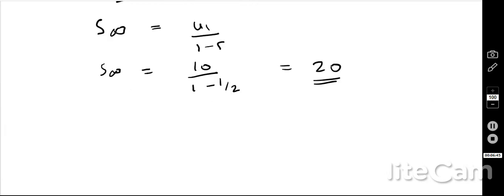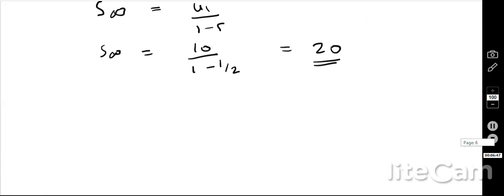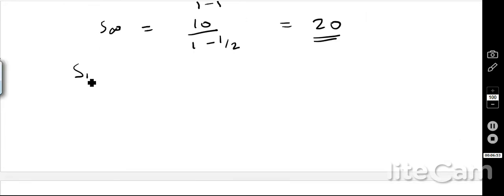And then the last thing to look at in this topic is something called sigma notation. Sigma notation is just another way of writing a sum of a sequence. Say I've got the sequence 4, 7, 10, 13.